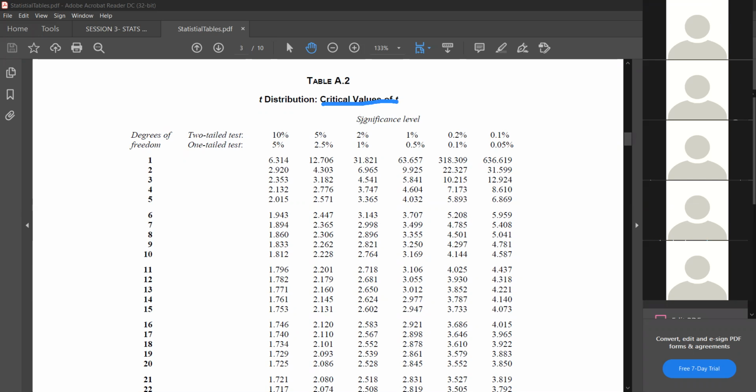Then the level of significance, we said it is 0.05. 0.05 is the same as saying 5%. Then when you see 0.01, when you convert it into percentage, it is 1%. So our level of significance should be either this side or this side.